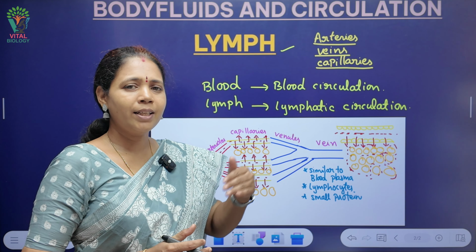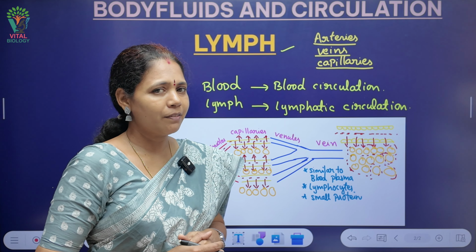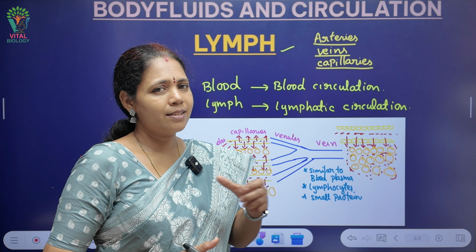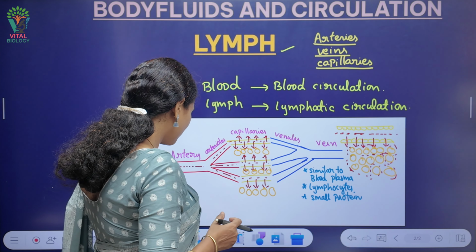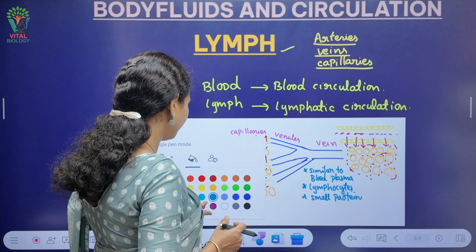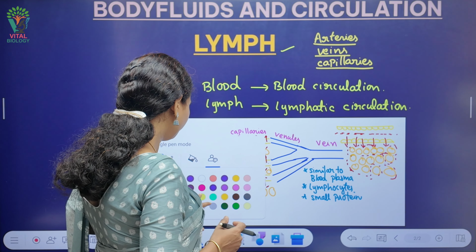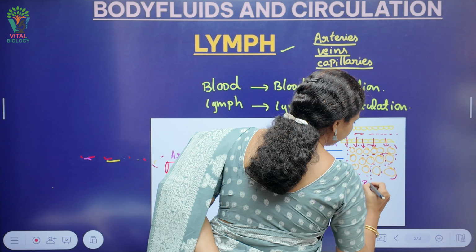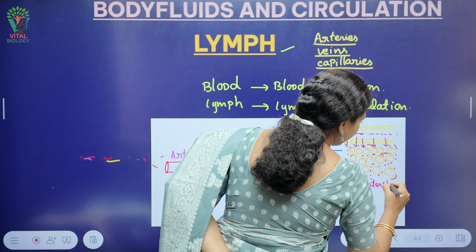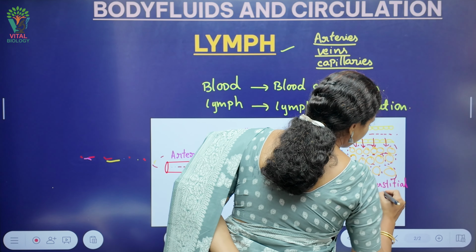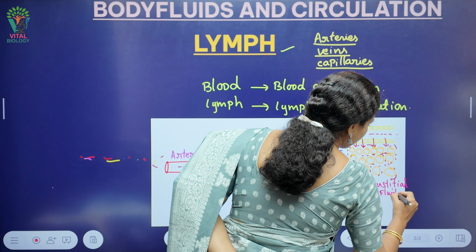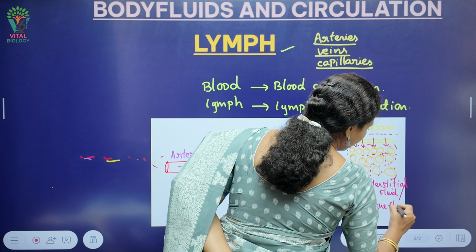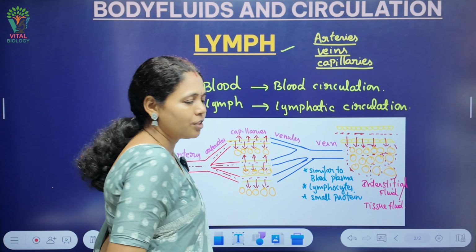Up to then it is just blood plasma, but once it reaches the spaces between the cells, it is called interstitial fluid, or otherwise tissue fluid. As the fluid is present in these tissues, that's why it is called the tissue fluid.